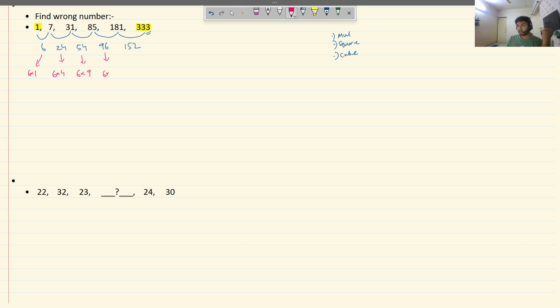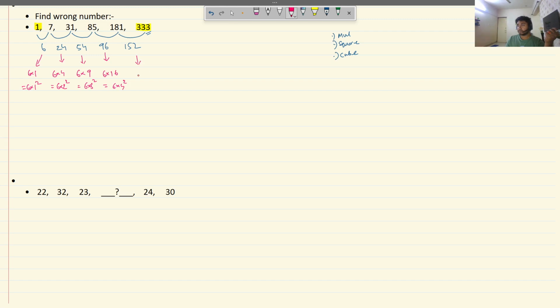96 can be written as 6 into 16, again a perfect square. So it's going 6 multiplied by squares of integers. This is 6 into 1 square, this is 6 into 2 square, this is 6 into 3 square, this is 6 into 4 square.